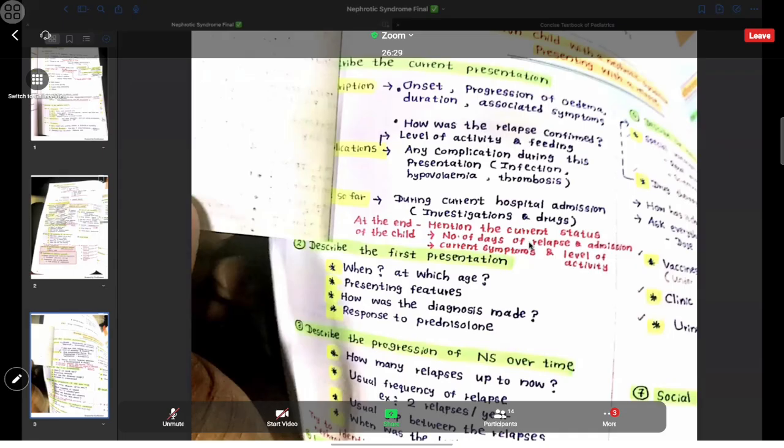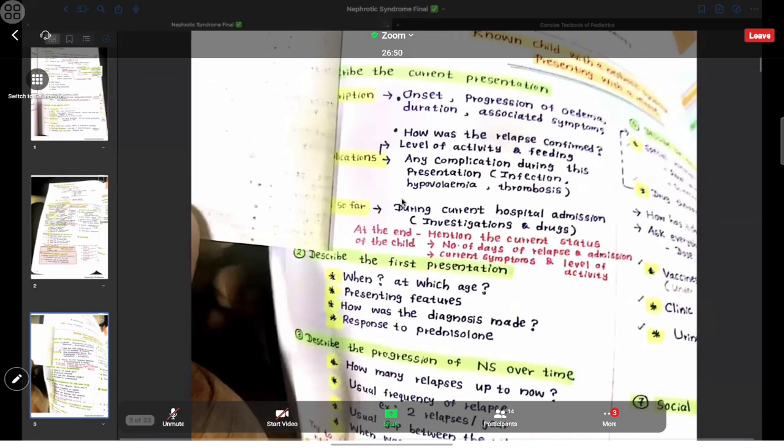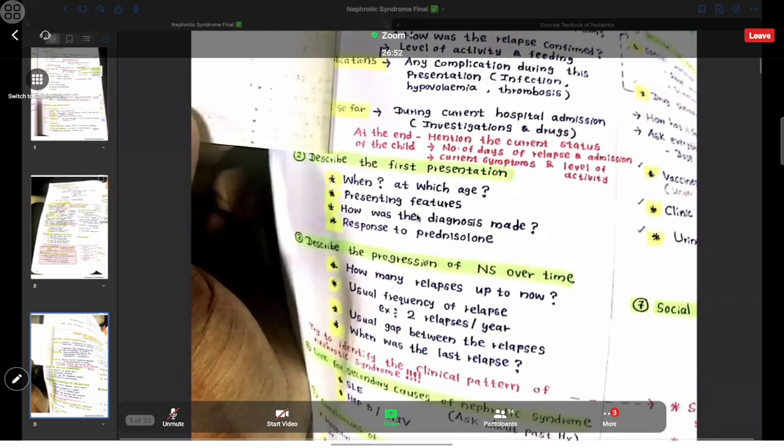Is the child eating well? Has the child passed urine, and has the child gone to the toilet? Those are questions you can ask of all patients at the end of your history of presenting complaint, just to give a view of the child at that point and what symptoms the child has at the time of history taking. Okay, then after you finish the current presentation, you can go to the first presentation.